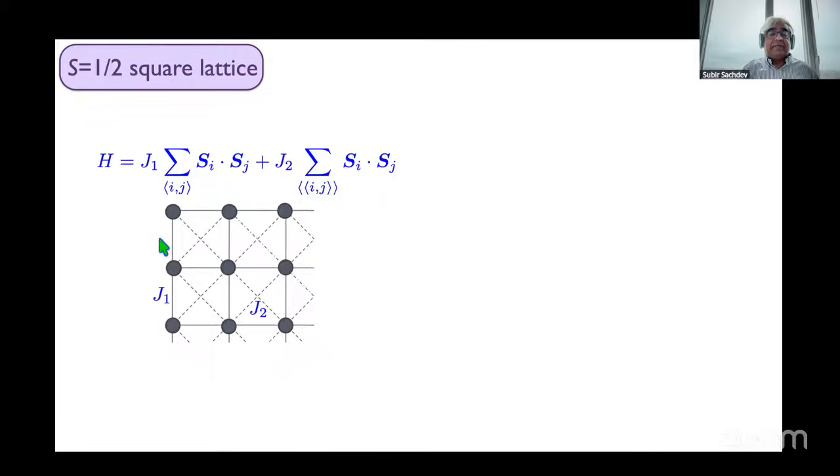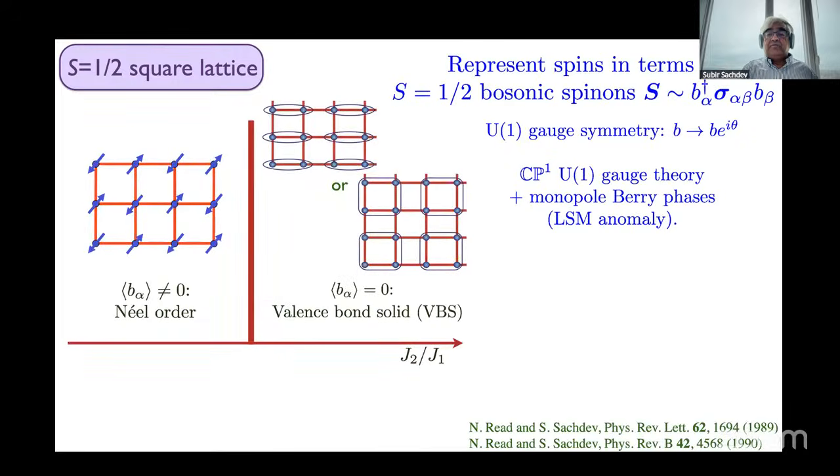So the question many people have asked is, now you turn on J2 and increase it. What is the spin liquid state that you will reach? Okay, so I'm going to now answer that question, based on a lot of people's work. So one work which was quite successful is this work that I did with Nick Read way back when.